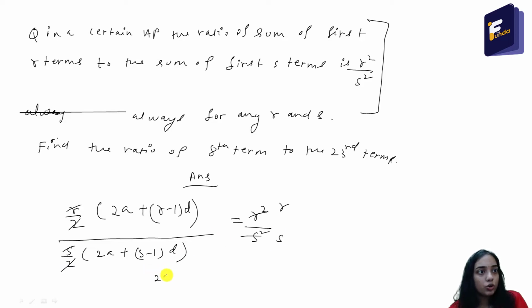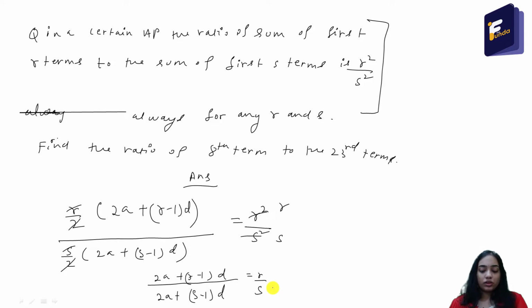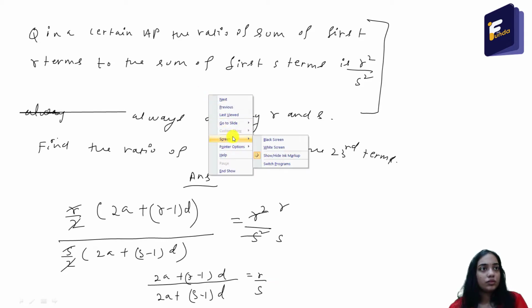So it will give 2a plus R minus 1 into d by 2a plus S minus 1 into d equal to R by S. So now we are going to cross multiply this whole equation.